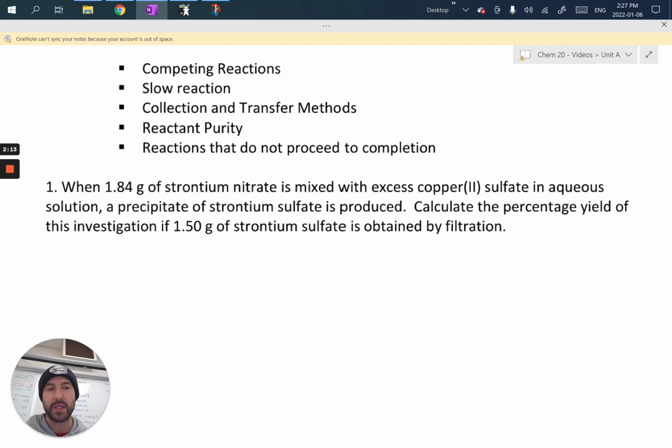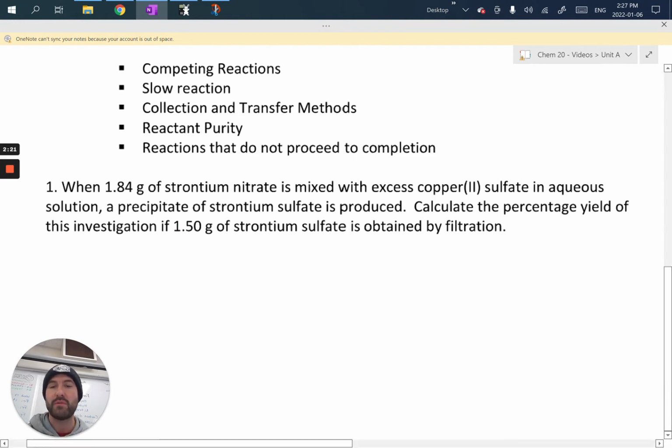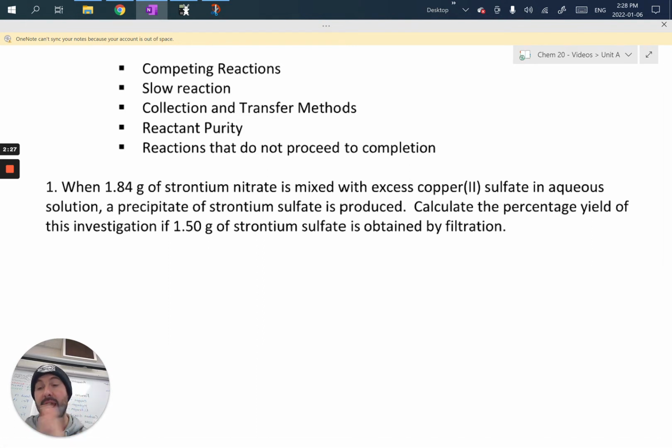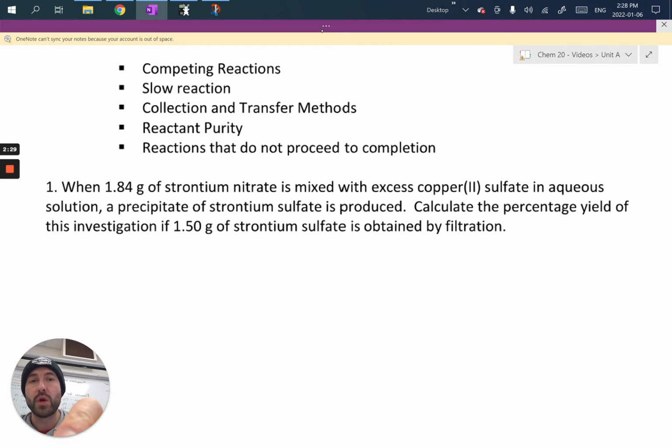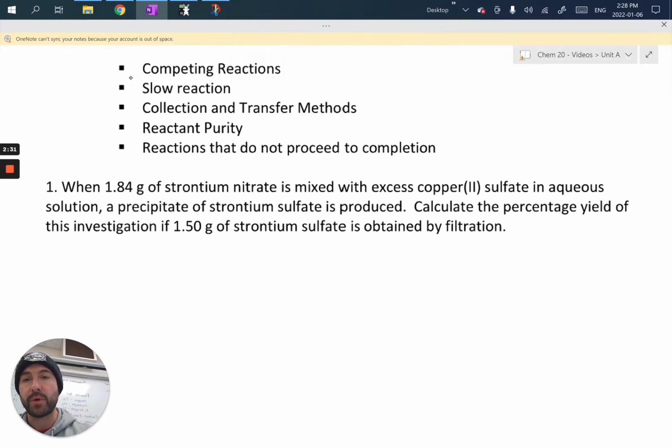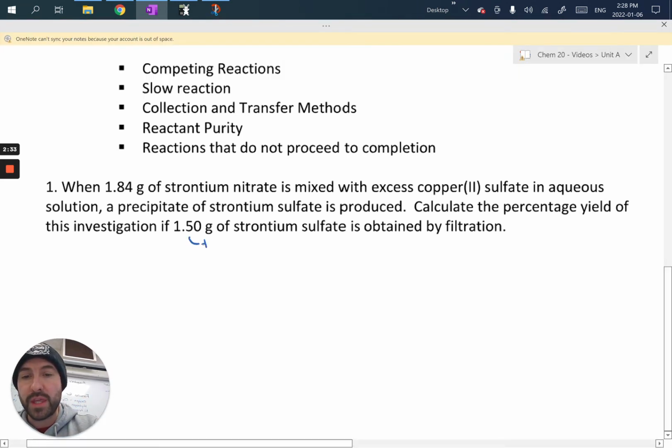We want to calculate the percentage yield of this investigation if experimentally I obtained 1.50 grams of strontium sulfate. So that 1.50 grams, we're going to save that to the end. That's our experimental value.